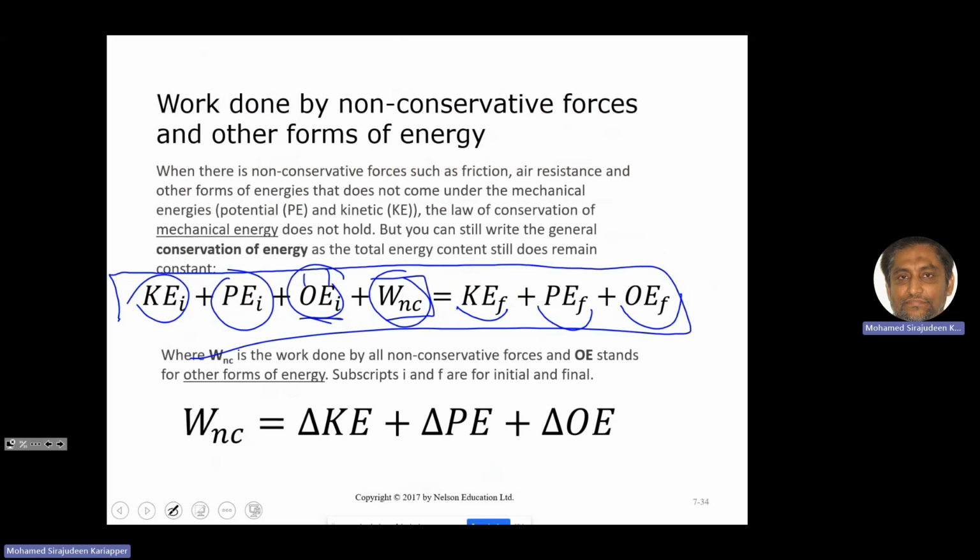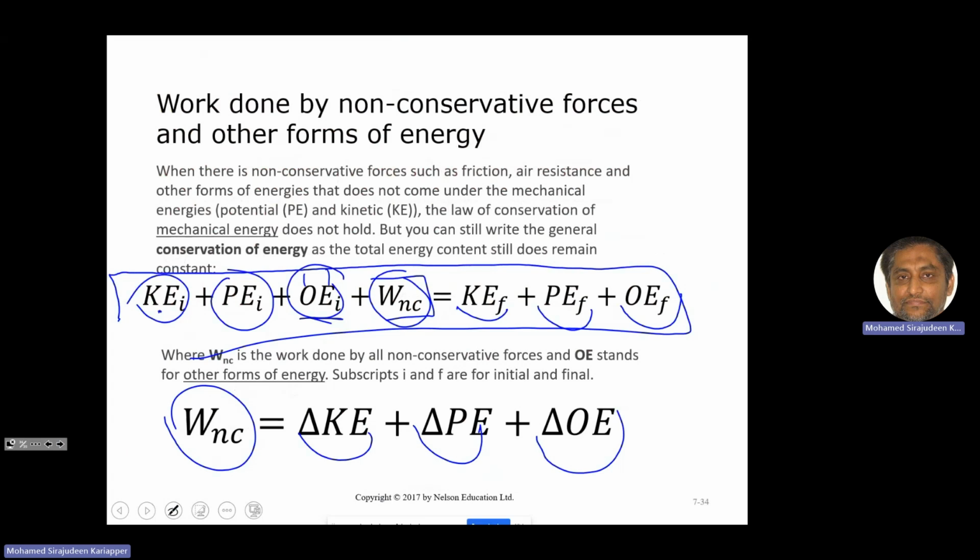If I take it to the other side, the change in the kinetic energy plus the change in the potential energy plus the change in other forms of energy, usually you will say is zero, right? Conservation. But if there are non-conservative forces, you call it W, the work done by NC, which stands for non-conservative forces.